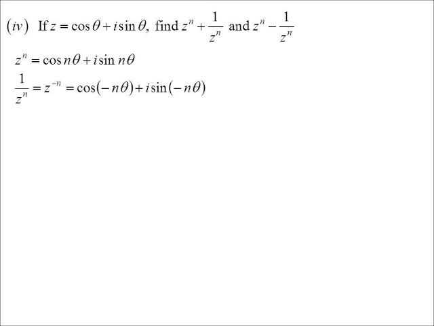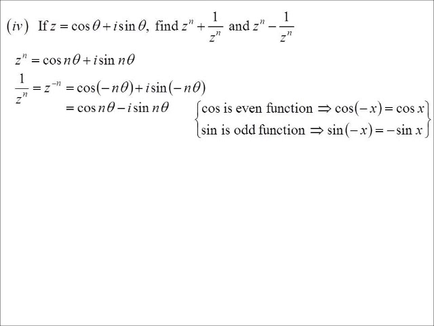But let's use what we know about odd and even functions. Cos is an even function, so we know function negative x is the same as function x. Sine is an odd function, so function negative x would be the same as negative of function x. So I could rewrite that as cos n theta minus i sine n theta.